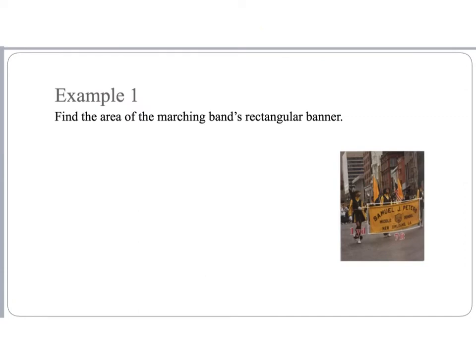So let's go ahead and take a quick look at how this would work in an example. So for example 1, it says find the area of the marching band's rectangular banner. So if you're given a story problem and it doesn't give you a picture, I highly suggest that you draw a picture. So it's kind of hard to see, but you have this rectangular banner over here, and you can see it right here.